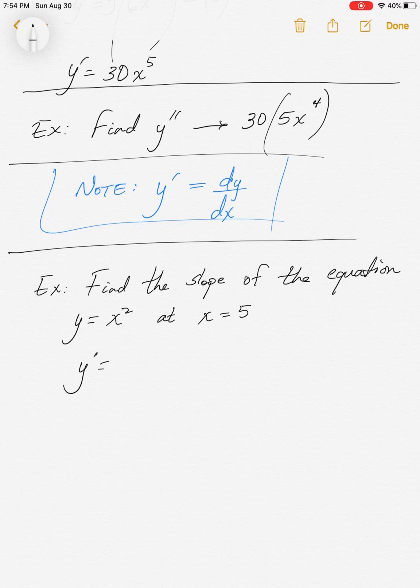The slope, which is y prime, the first derivative, is 2x to the first power. And I want to find the slope at x equals 5.